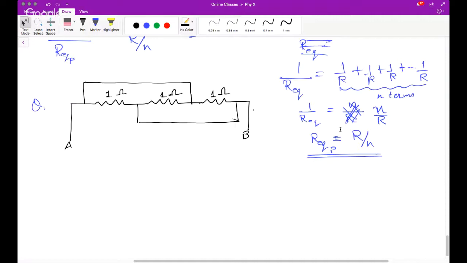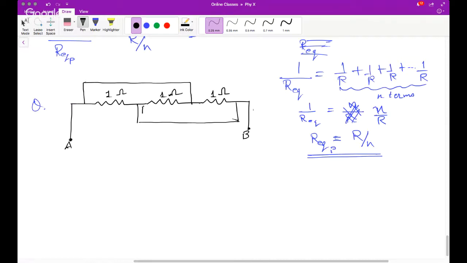Ishan says it's a Wheatstone bridge. Is it? Is it a Wheatstone bridge, guys? Look carefully. Try to do it through equipotential surfaces. Because let me just put a point.